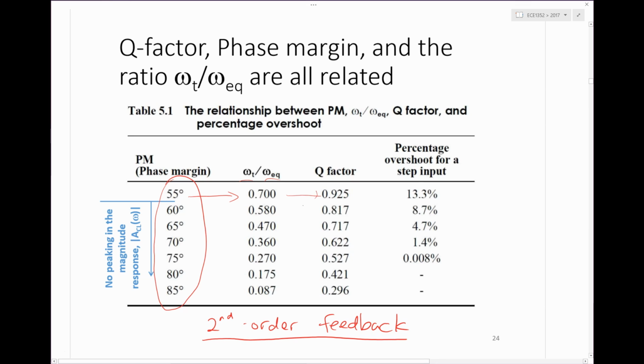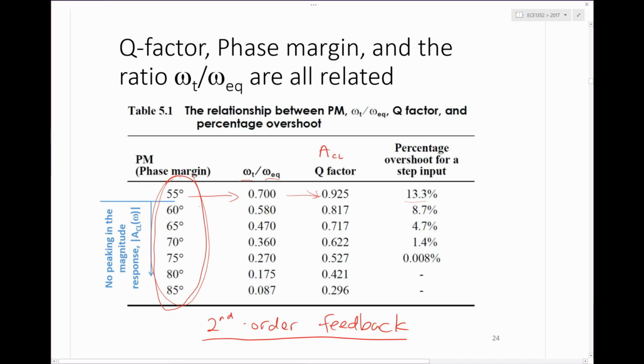Also tabulated here is that with that ratio of omega t and omega EQ, and with the corresponding phase margin, here's the Q factor for the closed loop response. And then here's the amount of overshoot that you get in the step response for the closed loop case if you design for this much phase margin.